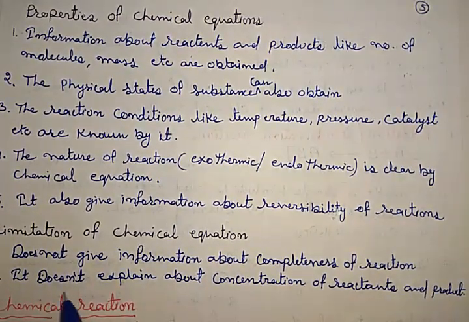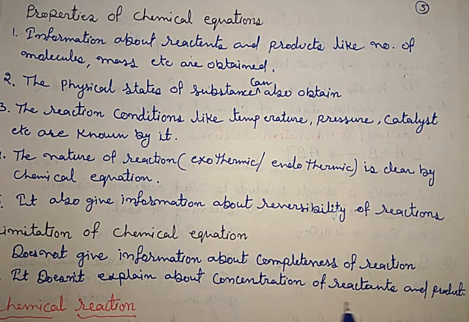Second, it does not explain the concentration of reactant and product. How many moles of reactant take part in the chemical reaction, how many moles of product are formed, there is no idea. Clear? So these are the limitations of chemical equation.